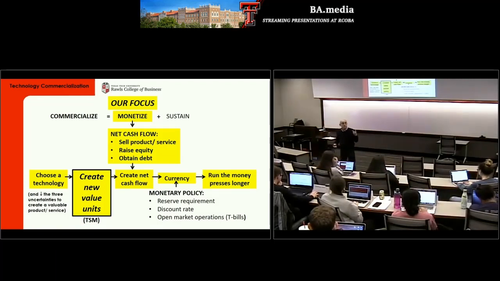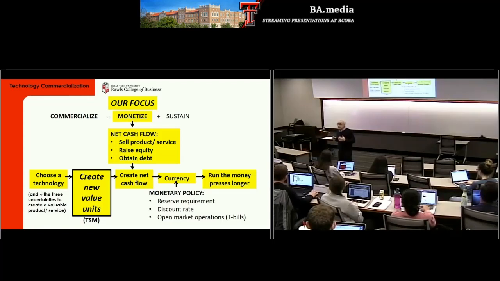And the other two ways of getting currency into the economy are the discount rate and the reserve requirement. If they raise the reserve requirement, it sucks money out of the economy because the bank has to keep it in reserve.